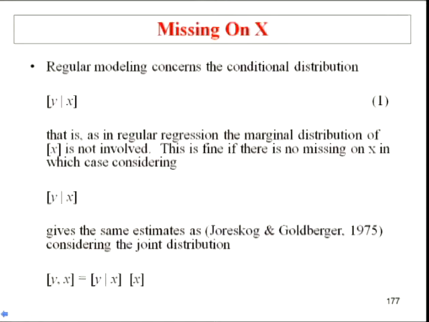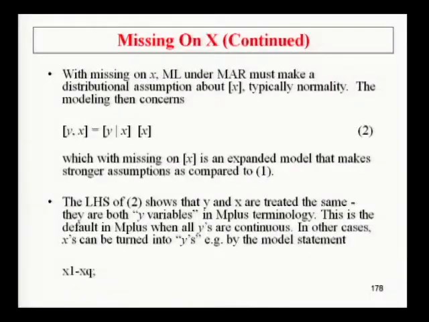With missing on X, continuing on the next slide, ML under MAR must make a distributional assumption about X. When you want to handle missingness, you have to make a distributional assumption, typically normality. So the modeling then concerns the joint distribution, both the conditional times the marginal.